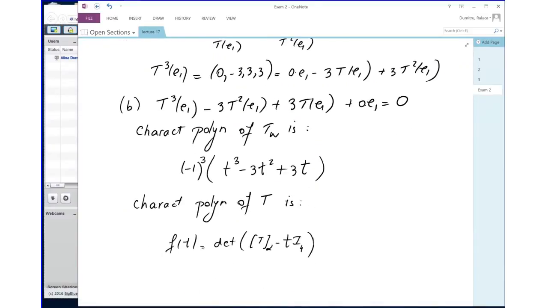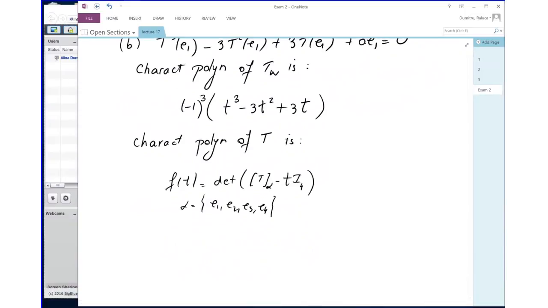Alpha is the standard basis, E1, E2, E3, E4. So what's the matrix of T in this basis? You have T in front of you. If you apply T to 1, 0, 0, 0, so E1, you get 1, 0, 1, 1, right? Express that in the standard basis. That will be your first column.